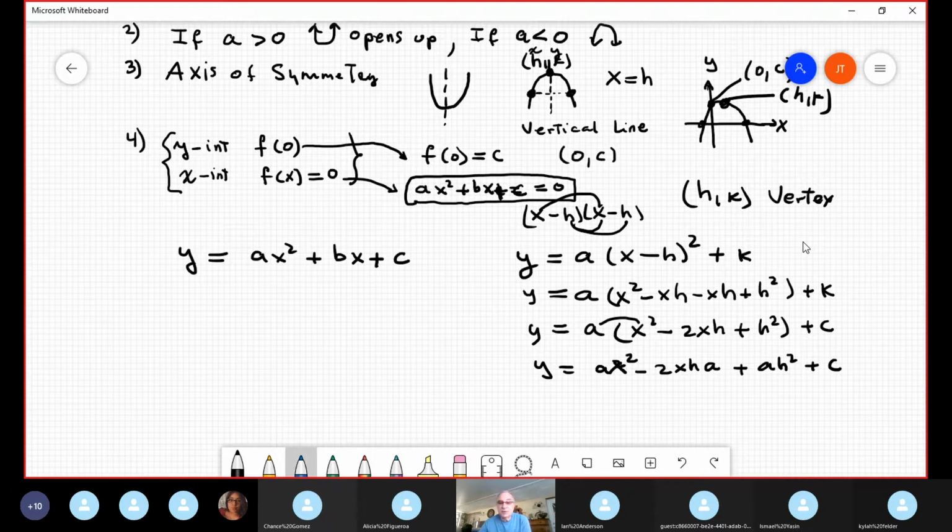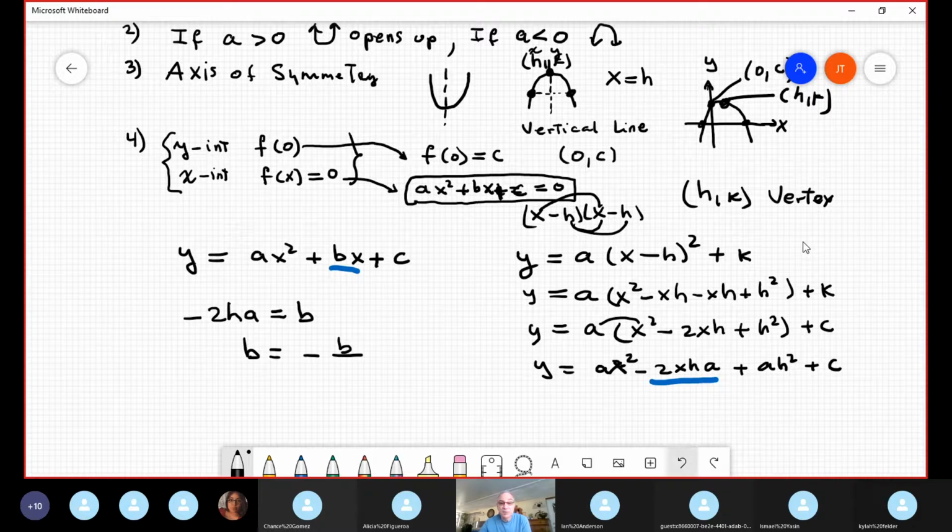Now you compare. Obviously minus 2ha, the coefficient with the x, is equal to b. Therefore, h is equal to minus b over 2a.